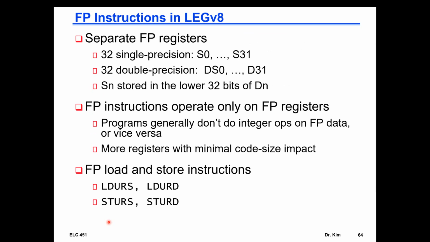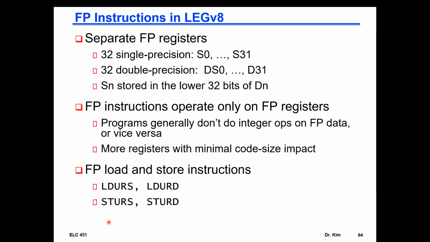Now let's look at how the Leg 8 ISA addresses floating point from an architectural perspective. The ISA calls for separate floating point registers. The registers that we have been looking at are the integer registers.